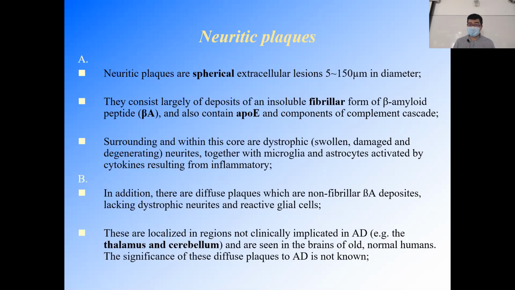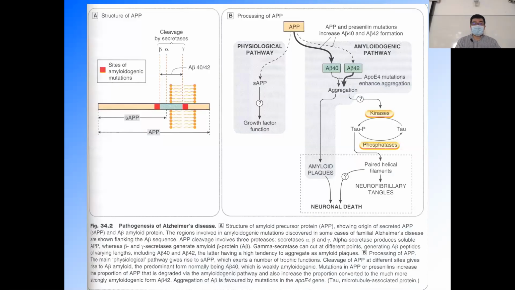Okay. So the connection between the familial ones and the unknown cases is linked by this, the so-called APP, amyloid precursor protein.